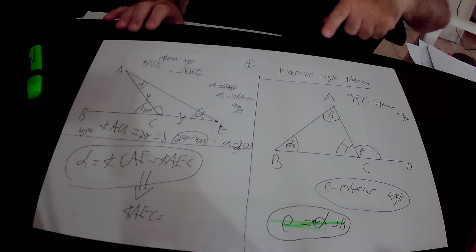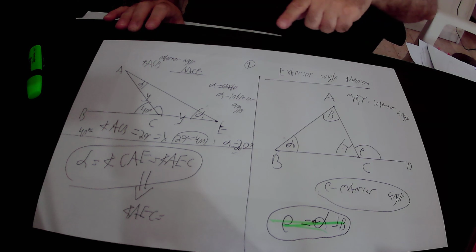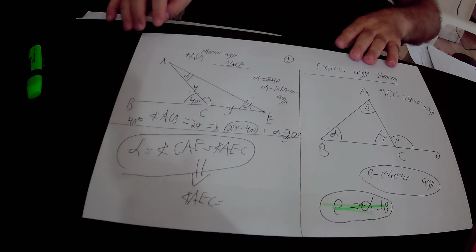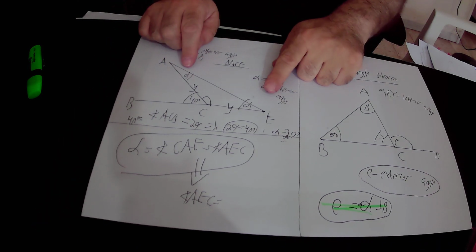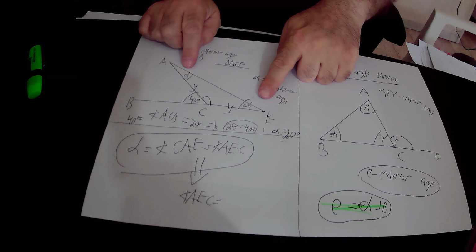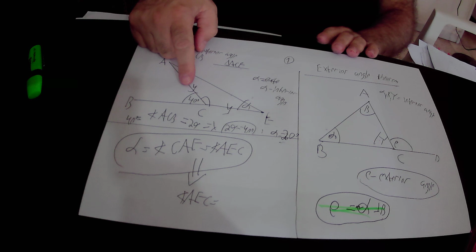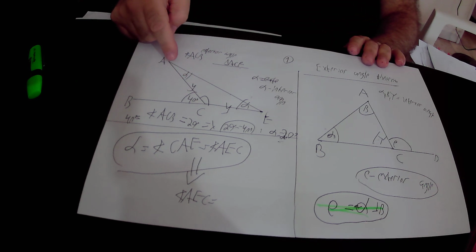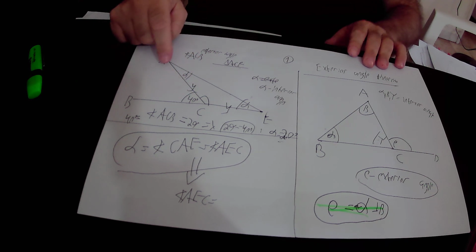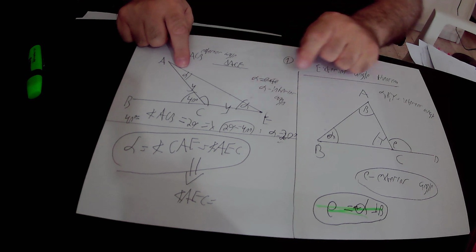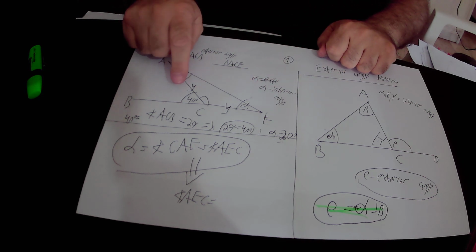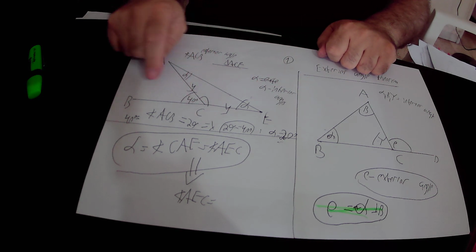We implemented the exterior angle theorem in triangle ACE. In triangle ACE, those two angles are interior angles, and this angle ACB is the exterior angle. According to the exterior angle theorem, the size of angle ACB will be equal to alpha plus alpha, that is 2 alpha.